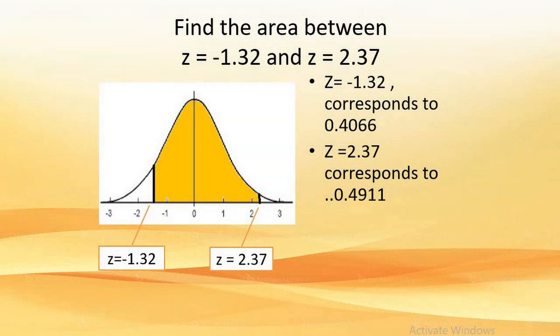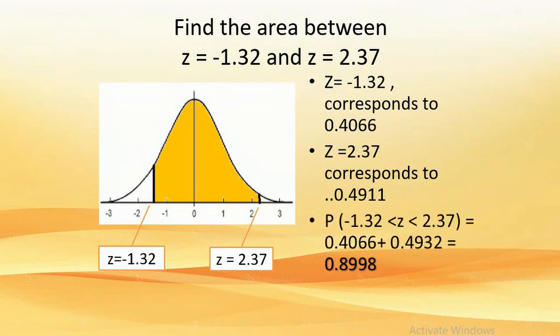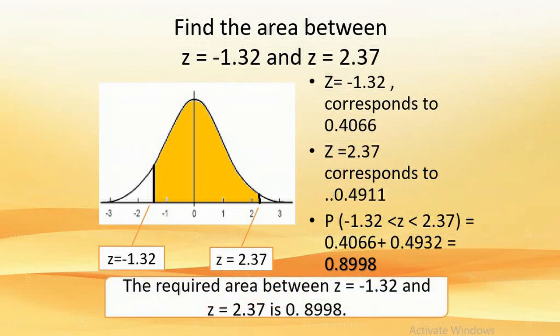So here is the graph. P(-1.32 < Z < 2.37) is equal to 0.4066 plus 0.4911, which is equal to 0.8977. The required area between Z = -1.32 and Z = 2.37 is 0.8977.